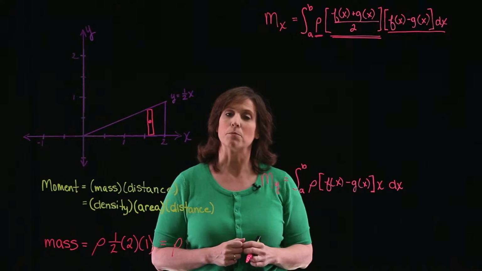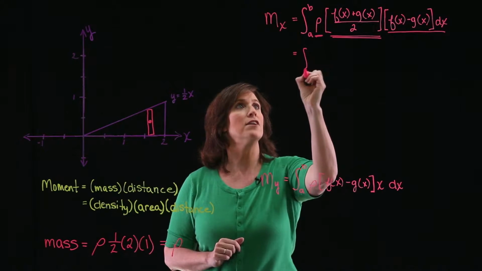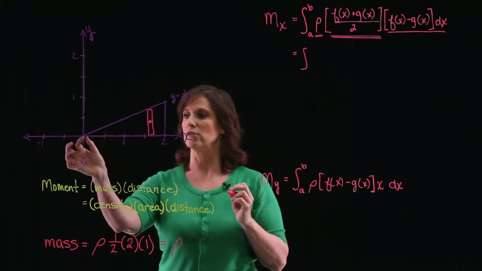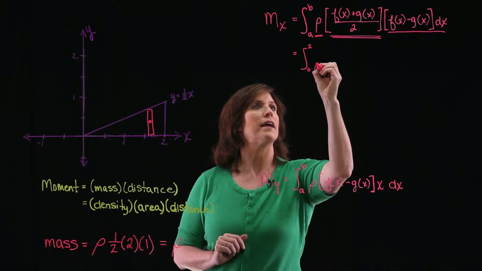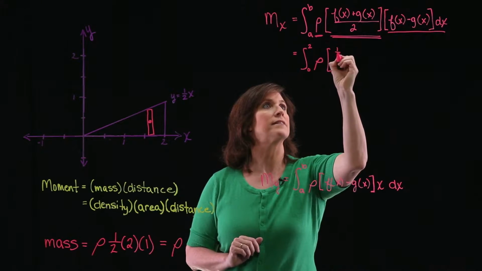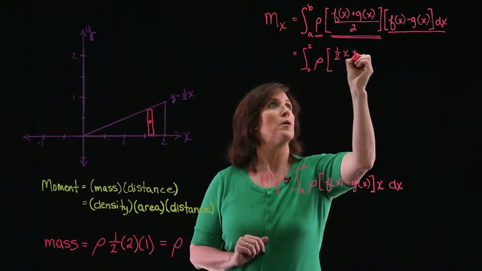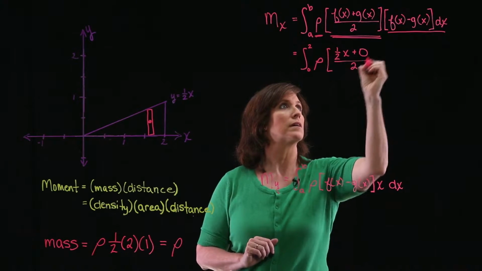Now all I have to do is plug in the specifics for my situation. I'm going to be integrating from 0 to 2, and I'll have my constant density. f of x is 1/2 x, g of x is 0, so I'll add 0 and divide by 2.